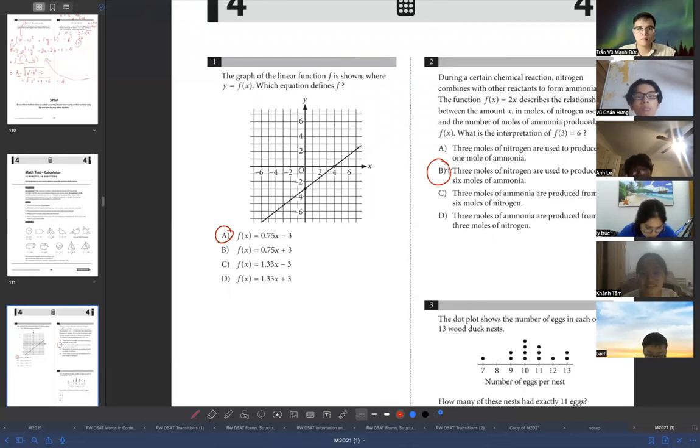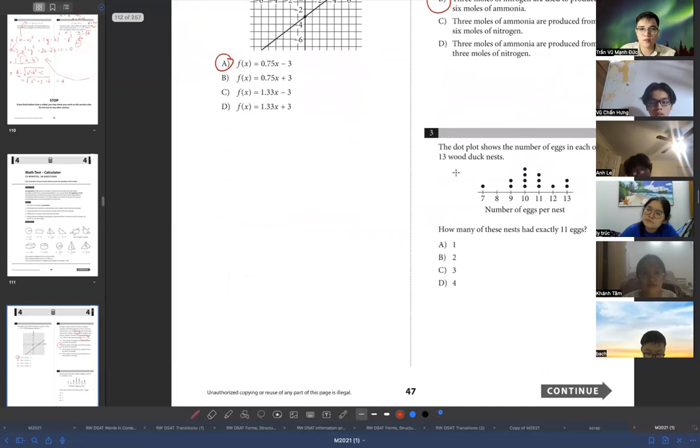I just read the whole question and I came out with B. This is just asking to re-explain the question. The function describes the relationship between x in moles. So this is a linear equation, so the relationship is linear. It's just 3 moles produces 6 ammonia. It's very simple. That's just the second question. It doesn't have to be difficult yet.